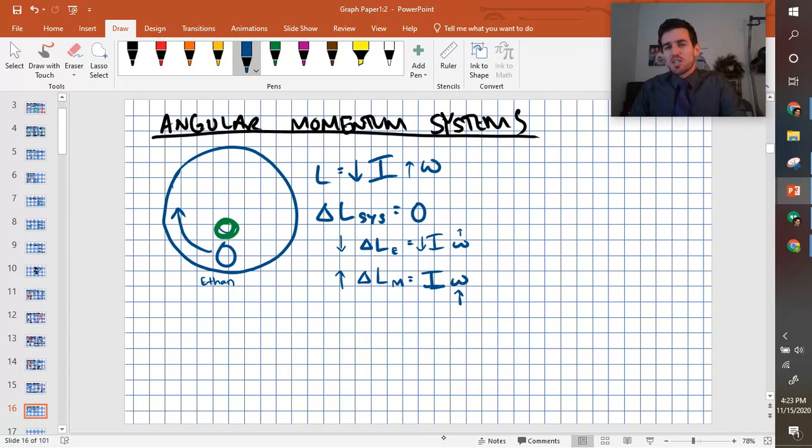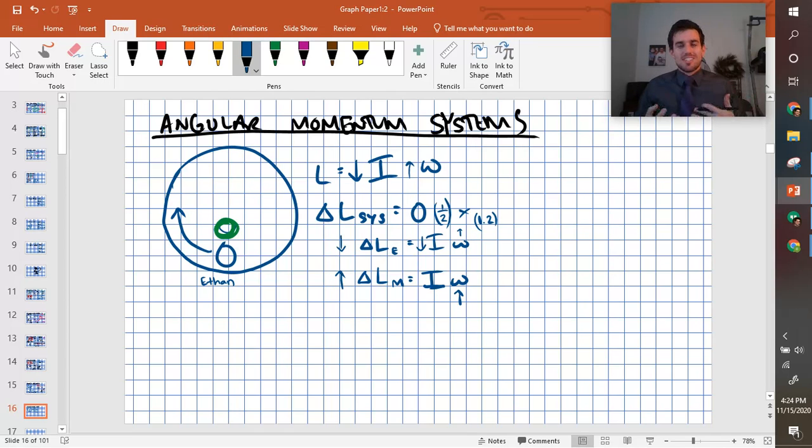If the rotational inertia dropped by a factor of 2, his angular velocity maybe only went up by 1.2 or something like that. So it doesn't exactly cancel out. He's going faster, but not enough faster.